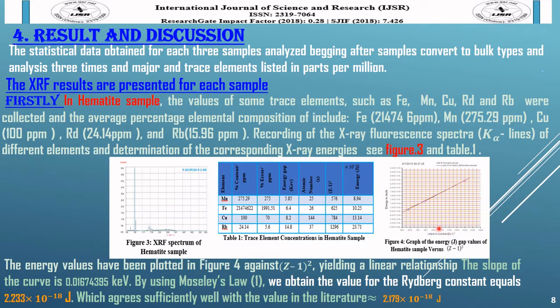Therefore we have the graph between the energy and atomic number minus 1 according to Moseley's law. We substitute, then we find that the R is equal to 2.233 times 10 to the power minus 18 joule. This agrees with the literature review.